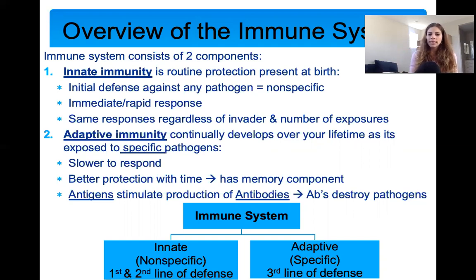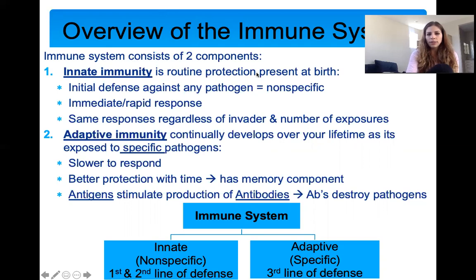That's why we say adaptive immunity gets better with time. This is also the same reasoning why a 20-year-old has a better immune system than a 3-year-old. A 3-year-old may have the same innate immunity as the 20-year-old, but the 20-year-old has had a lot of time to build their adaptive immunity.